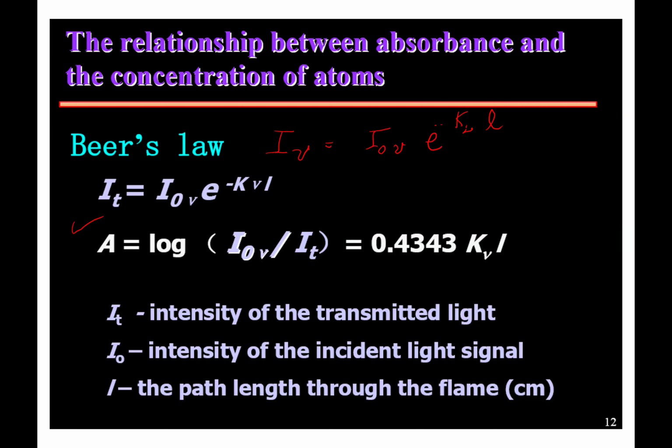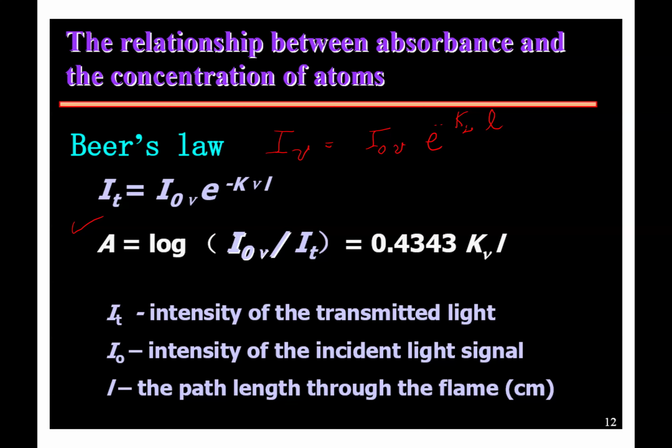And we're going to deal with this. The flame has a particular structure, and the atoms are in that flame, and depending on how long the path is that the light travels through, there's an amount of transmitted light, or the strength of that wavelength, that's going to be detected by the detector later.